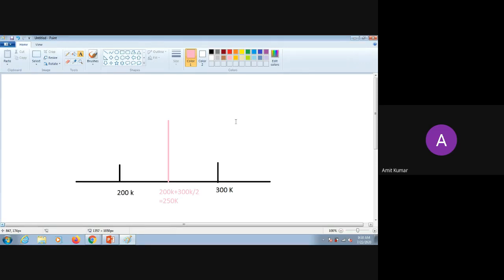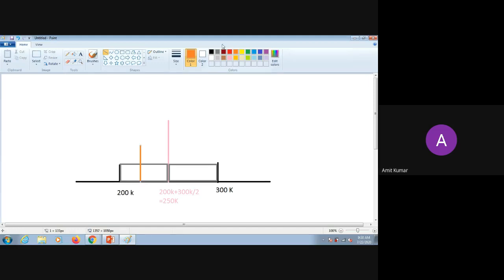They will be available at the center of the first two points. So this is the first spectrum and this is the second one. The center frequency of the first signal will be available in between them, here.